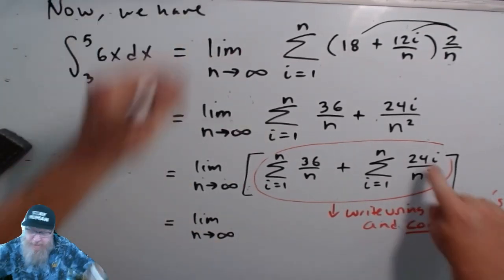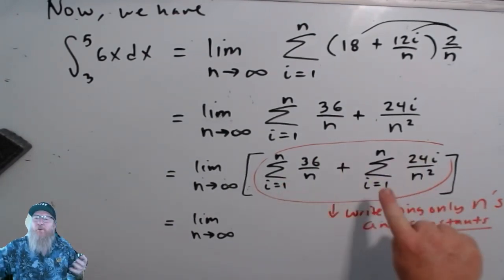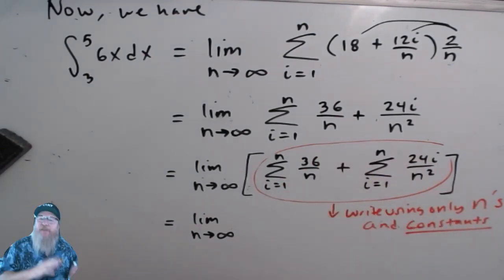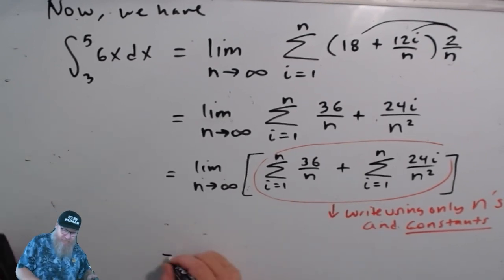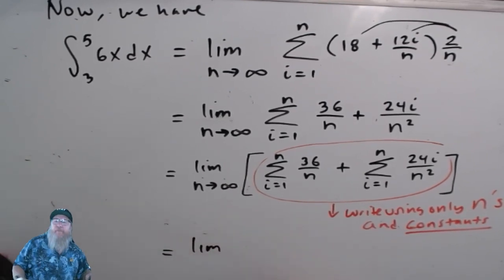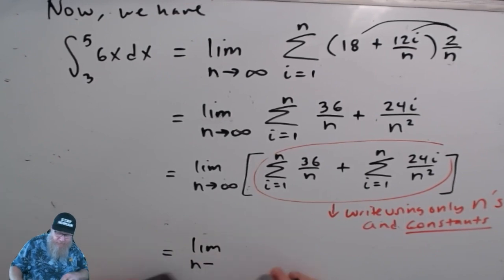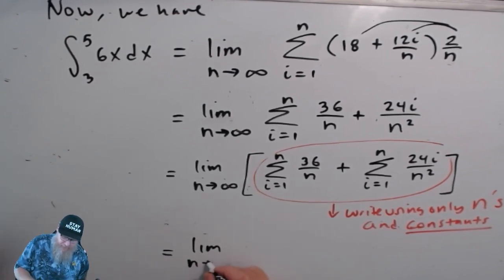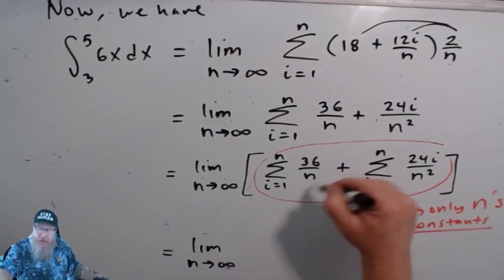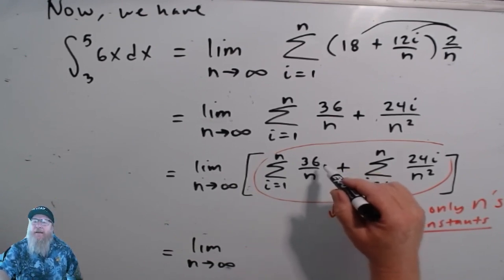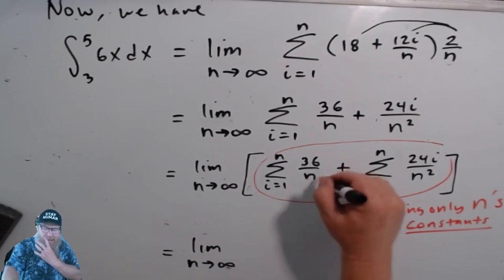So we want to rewrite all of this using only n's and constants. I'm running very low on real estate here. So let's do this one. This one's the easiest one. There is no i. So there are only constants and n.